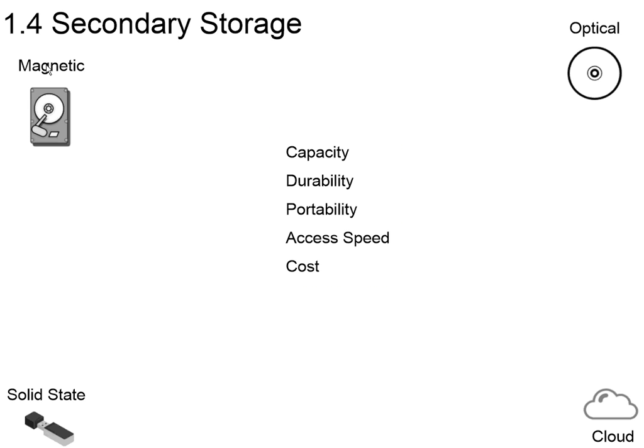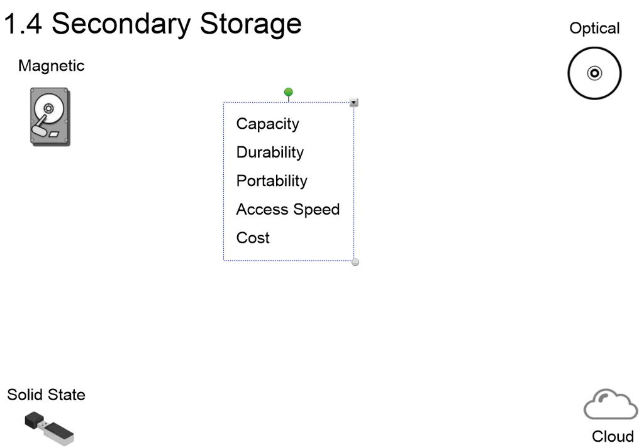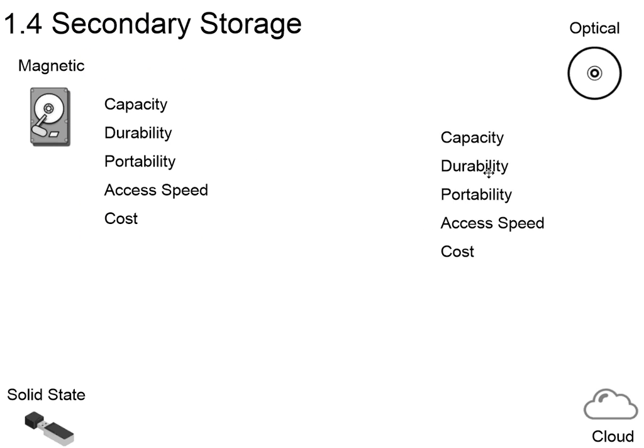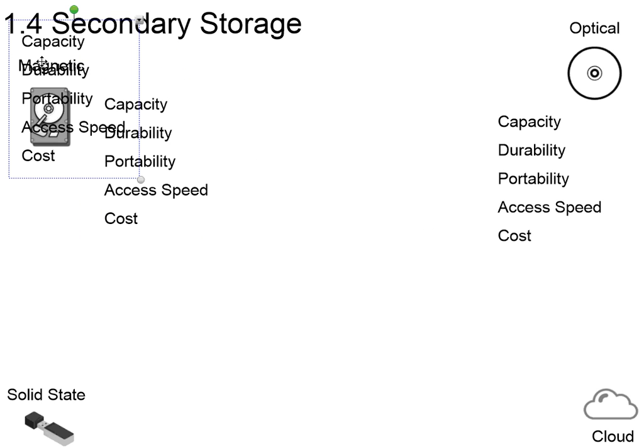So starting with magnetic, actually let's copy this. Starting with magnetic, we're going to look at each of these in terms of these 5 characteristics.